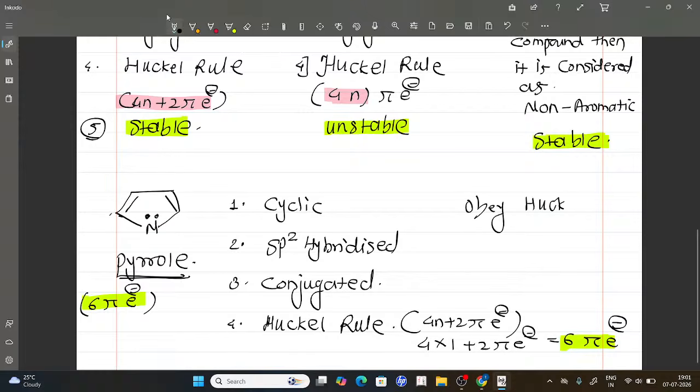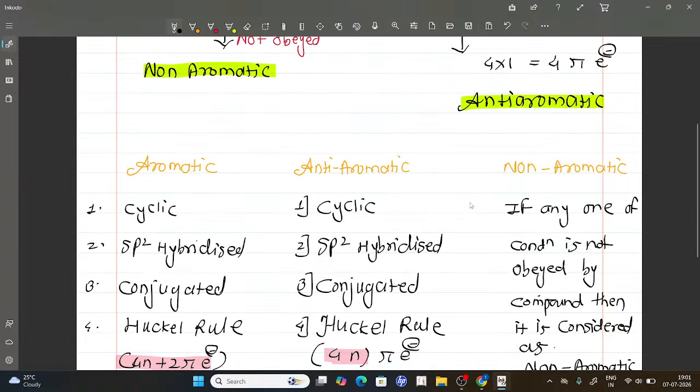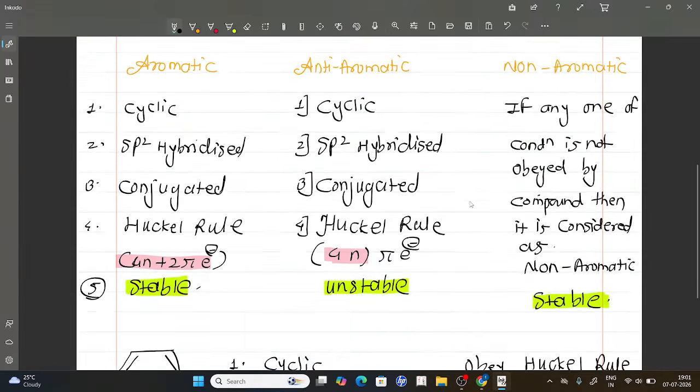It obeys all the conditions, therefore your compound is aromatic in nature. I hope you all understood all these points about aromatic, anti-aromatic and non-aromatic compounds.